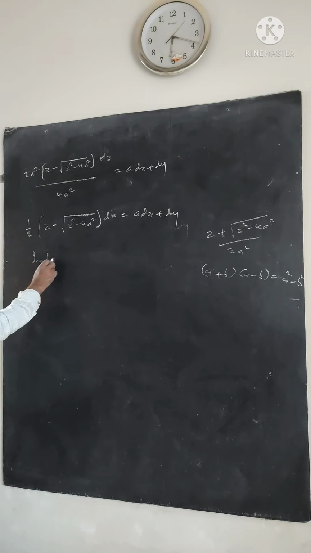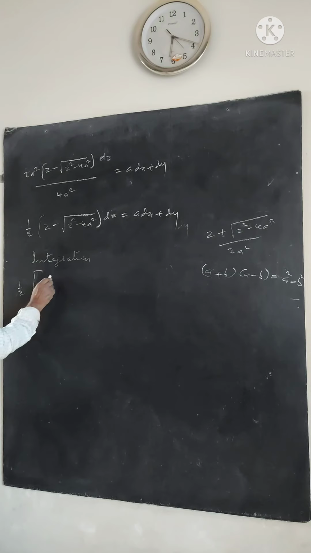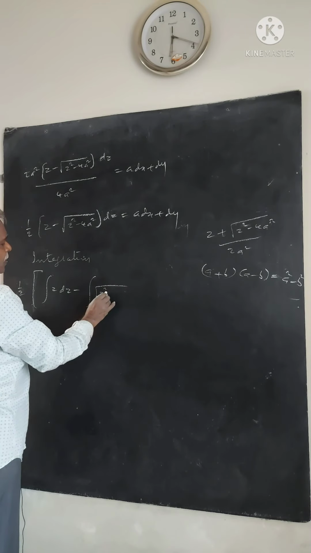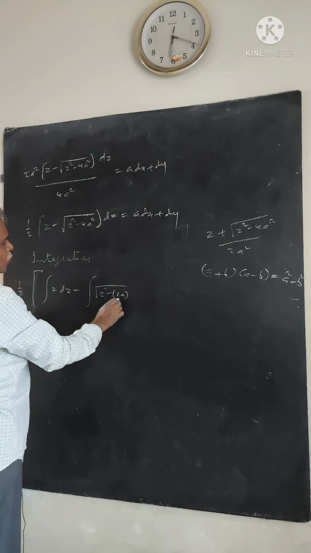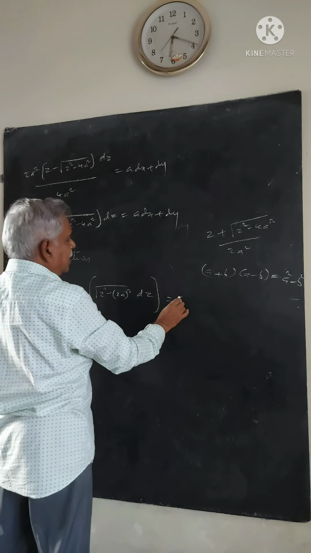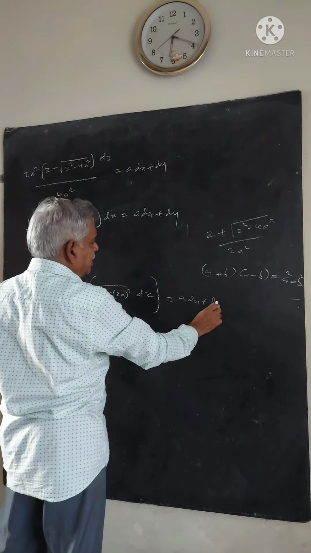Integrating, 1 by 2 integration of z dz minus root of z square minus 2a whole square dz, equal to a dx plus dy.